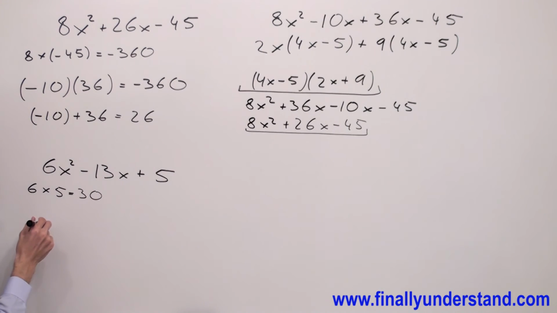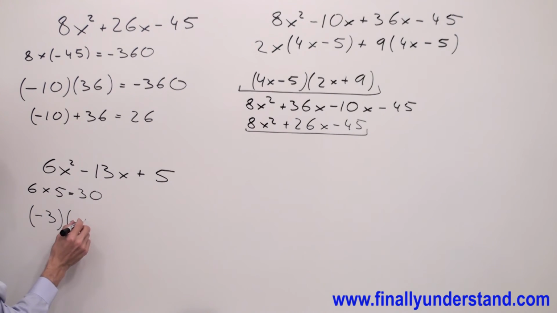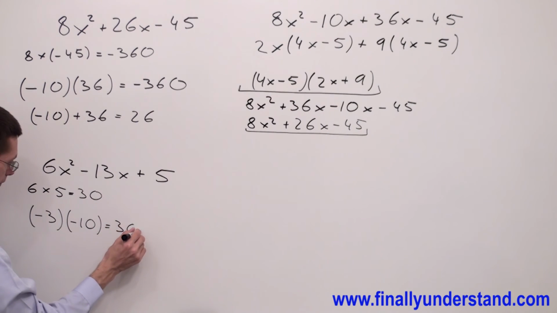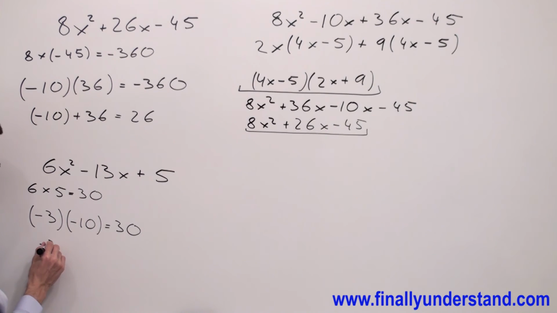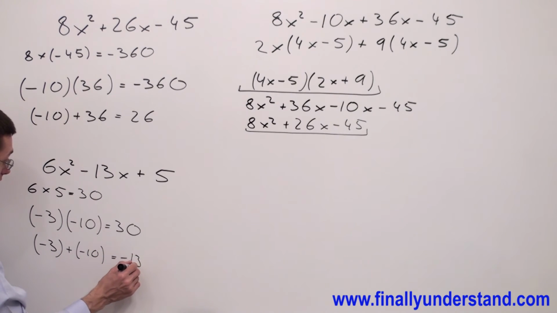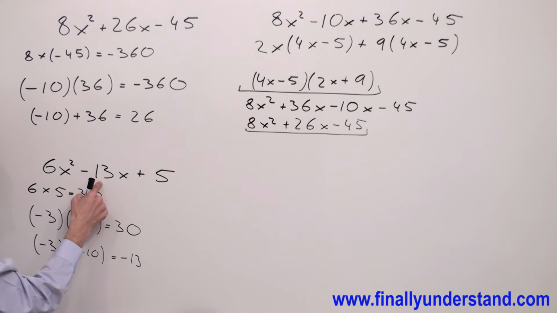I would say minus 3 times minus 10. Minus 3 times minus 10 is 30. Minus 3 plus minus 10 is equal to negative 13. I got negative 13 and this is negative 13.